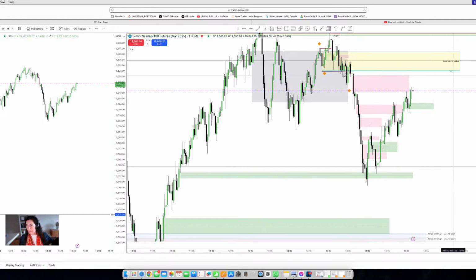Oh my gosh, if this price makes it up to the bearish breaker block, I'll probably be amazed. Make sure he doesn't press the sell button. Yeah, exactly.